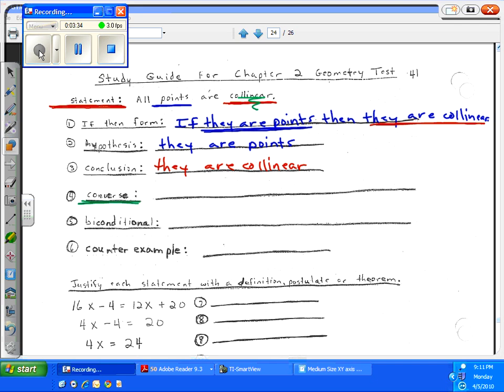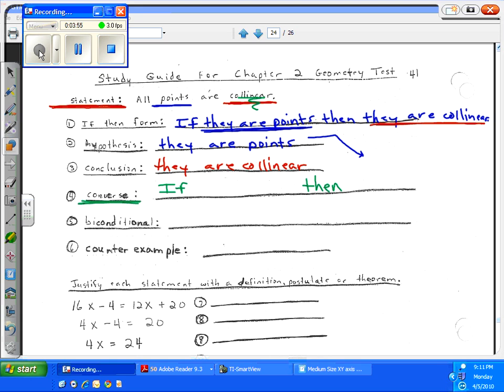The converse: to write the converse, we switch the if and the then. We're still going to have if and then where they were, so we're really not switching the if and the then, we're switching the hypothesis and conclusion.